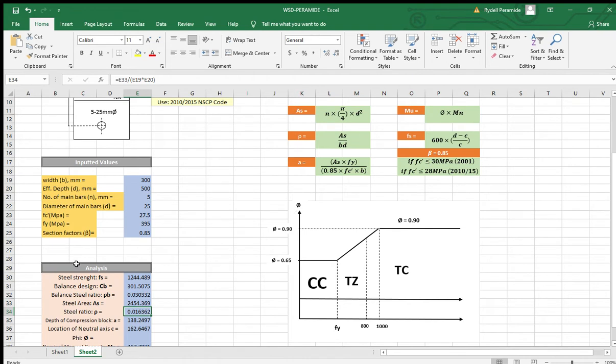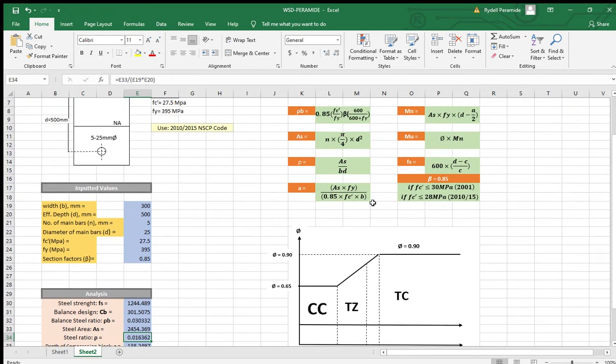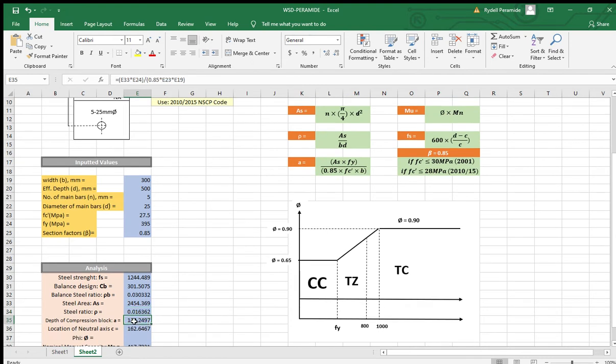Next is the depth of compression block, or the a. So the formula is As times fy divided by 0.85 times f'c times b. So As times fy 395 divided by 0.85 times the f'c, which is 27.5, times the width, or the 300, and we will get an answer of 138.2497.